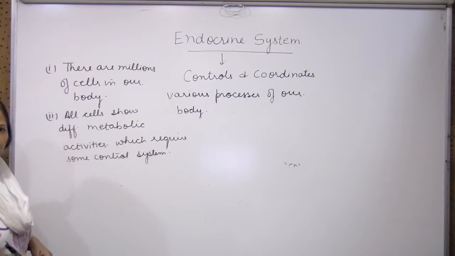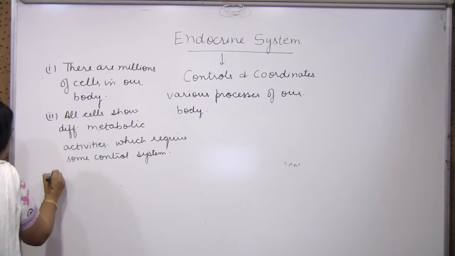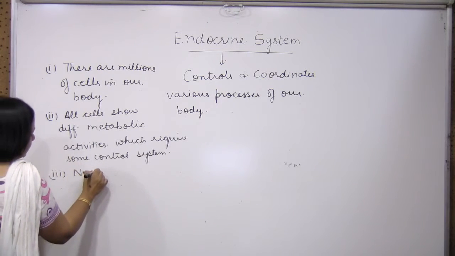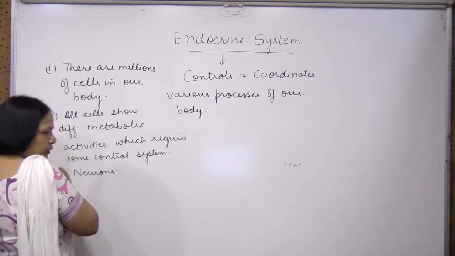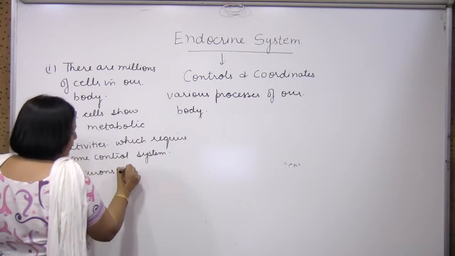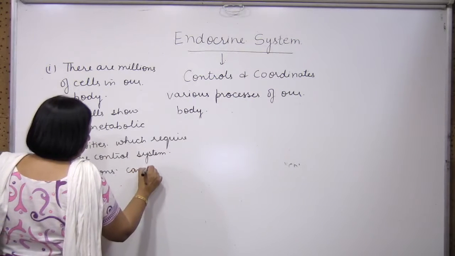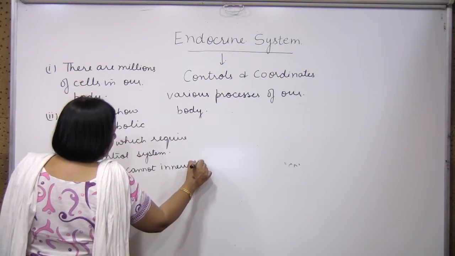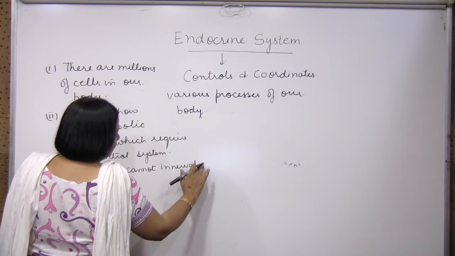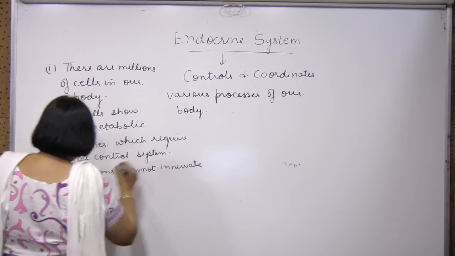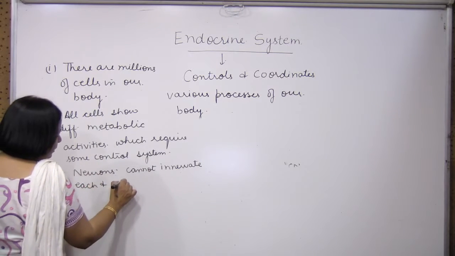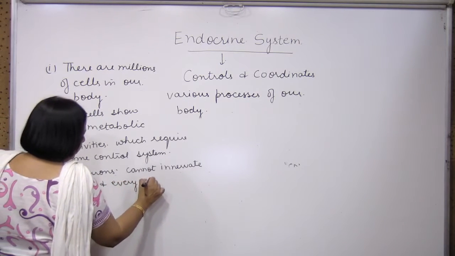And what is the major problem? The major problem is neurons. We don't have so many neurons that they can innervate each and every cell of our body.